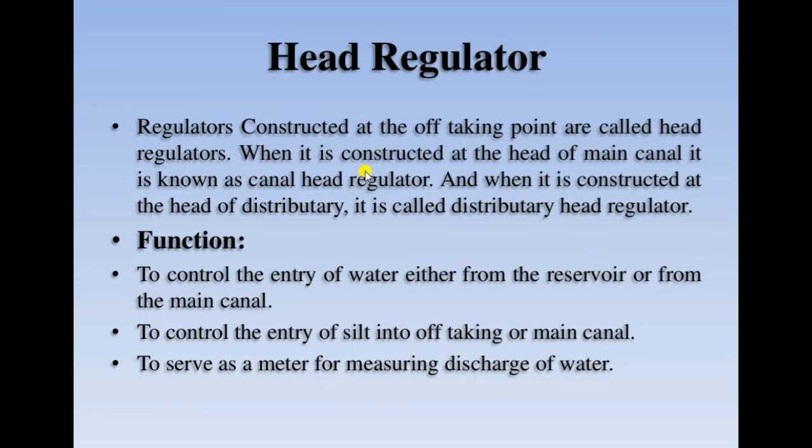Now there are different functions of head regulator: to control the entry of water either from the reservoir or from the main canal, to control the entry of silt into the offtaking or main canal, and to serve as a meter for measuring discharge of water.